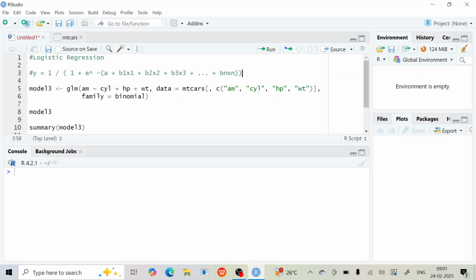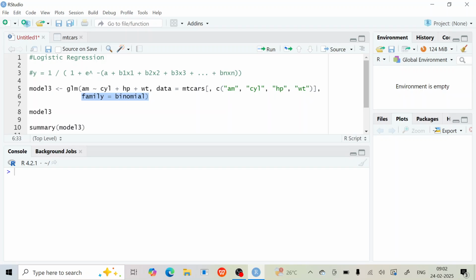For logistic regression, the function used in R is GLM. In this GLM we are going to use the mtcars data set as before, and we are going to combine the variables cylinder, horsepower and weight against am, and the family parameter is set to binomial.